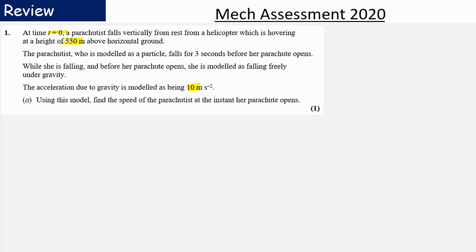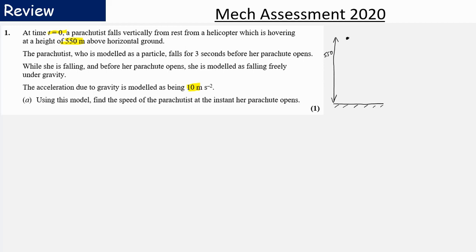second squared. So just to quickly get an idea of what that looks like in my head, here's the ground, like so. Here's my person. I've been told that that distance there is 550 meters.